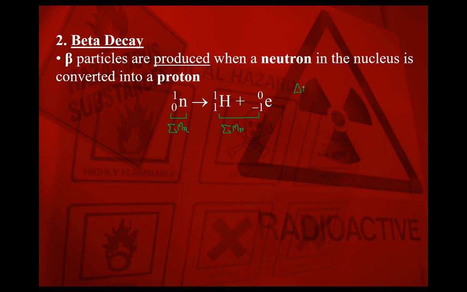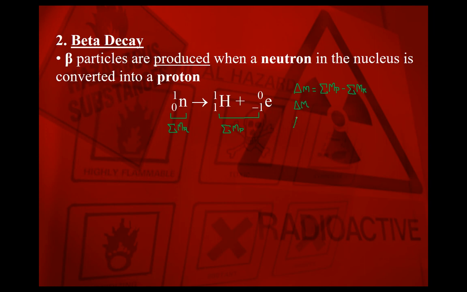The mass defect, delta M, is equal to the sum of the mass of the products minus the sum of the mass of the reactants. We'll calculate a mass defect.